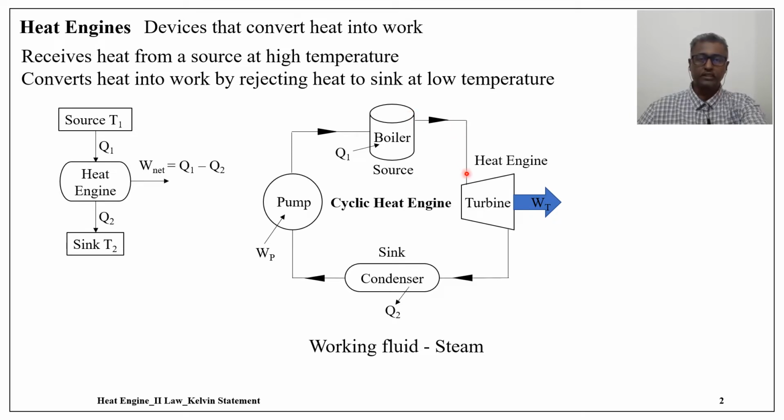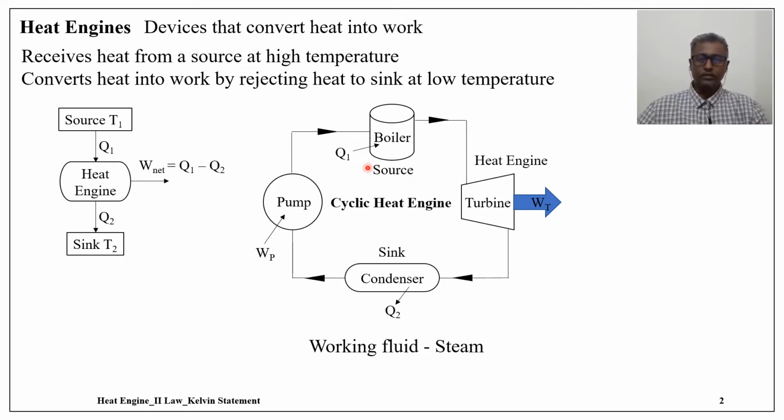It is sent to the turbine where it expands and rotates the turbine, producing energy, that is work. That steam is taken to a condenser where it rejects heat, and the steam is condensed to water. The water can be reused by pumping it back into the boiler.